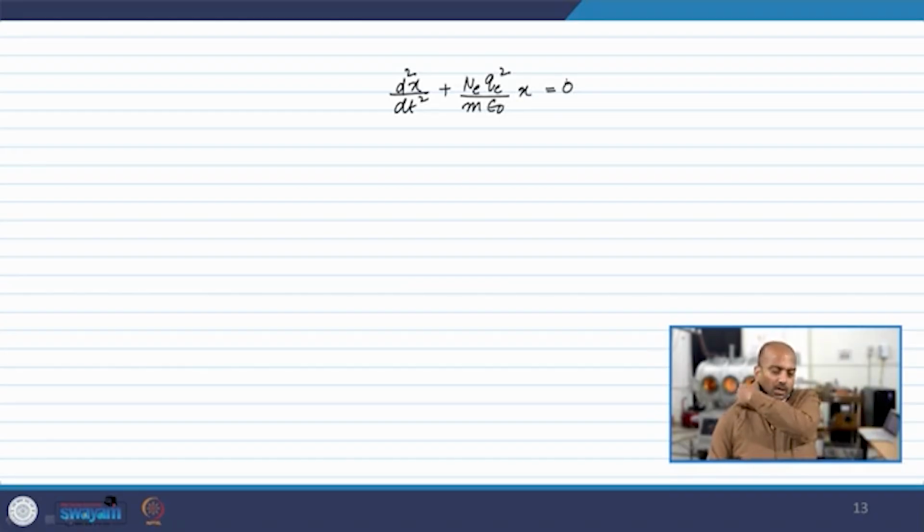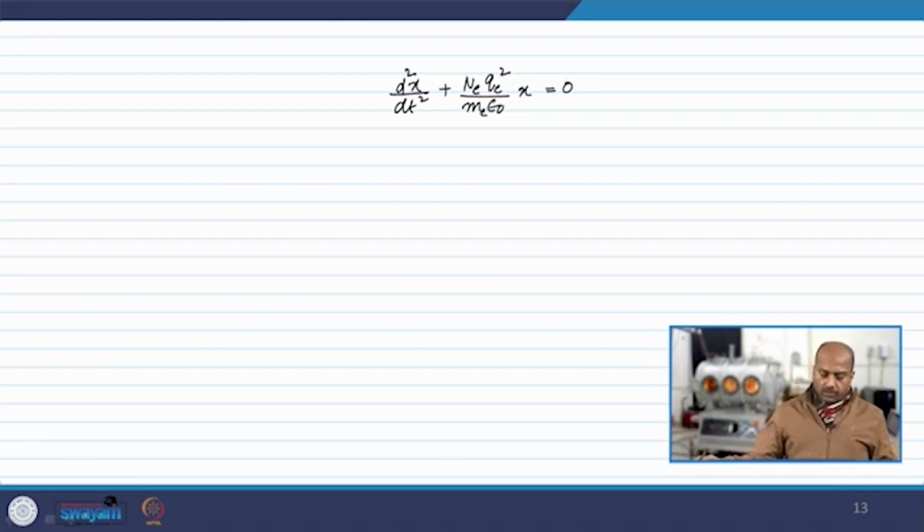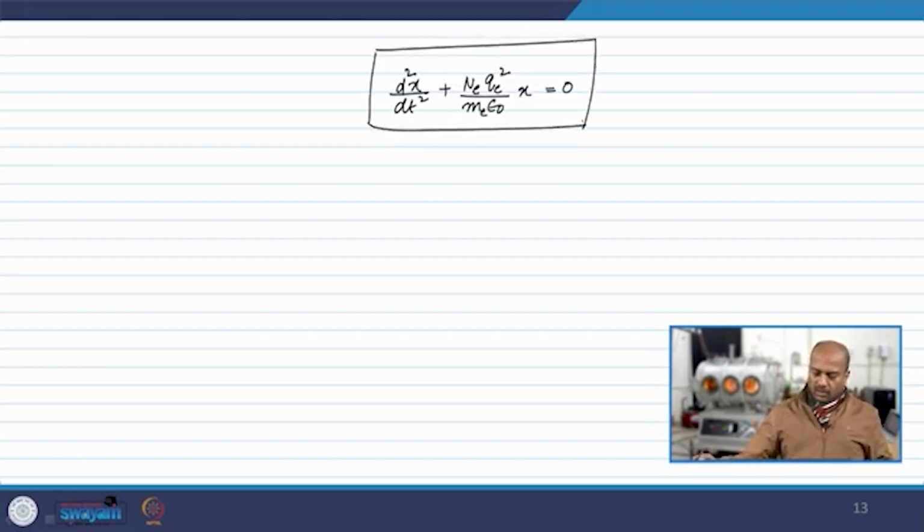Since we already made an assumption that the electric field will only be able to drive these light particles, the electrons, the mass under consideration here is obviously the mass of electron, right? If you look at this equation, it looks very familiar, representing a harmonic motion with a characteristic angular frequency omega square. Where is this omega?